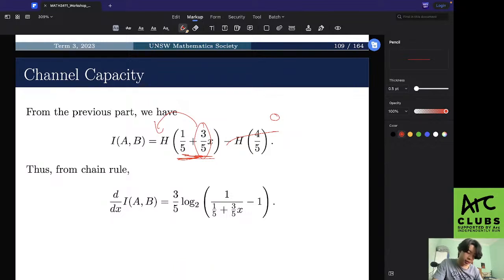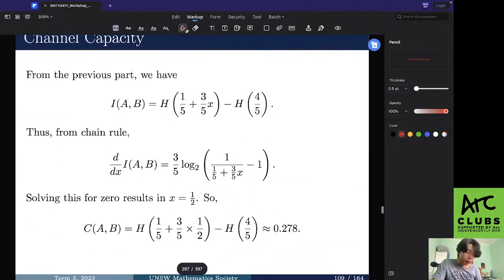And now our goal is just to solve for when this is equal to 0. Once you do that, we get that x is equal to a half. And so now that we have that, to calculate the channel capacity, we'll just substitute that half in and then find the value. And in this case, it's going to be 0.278.